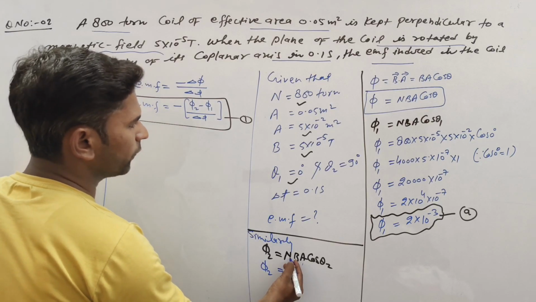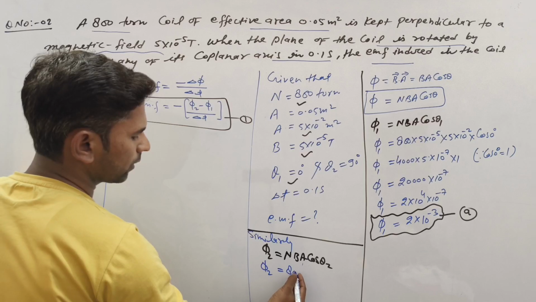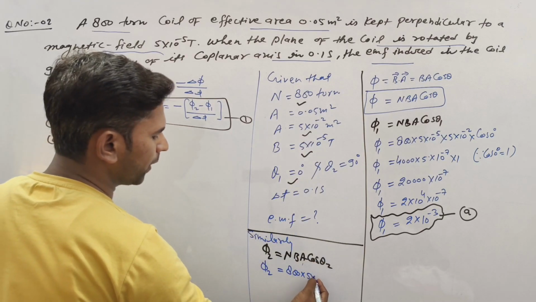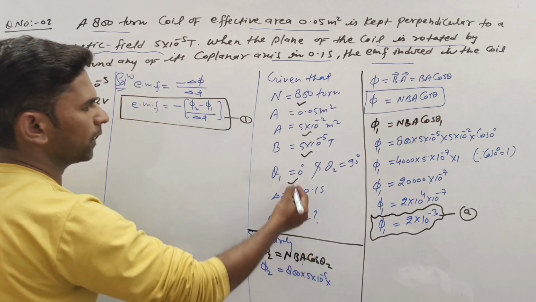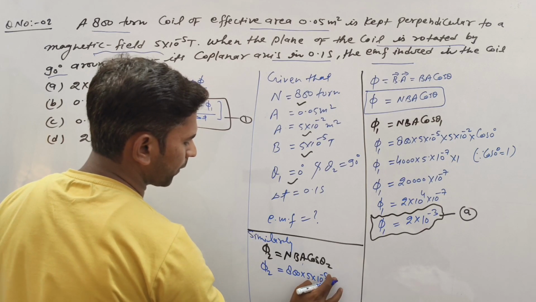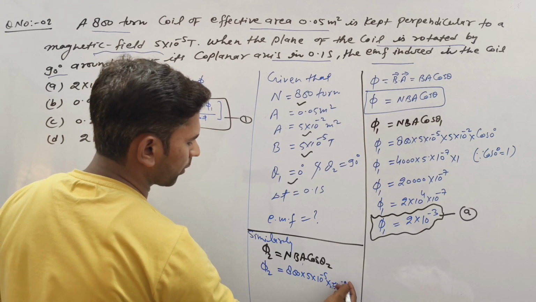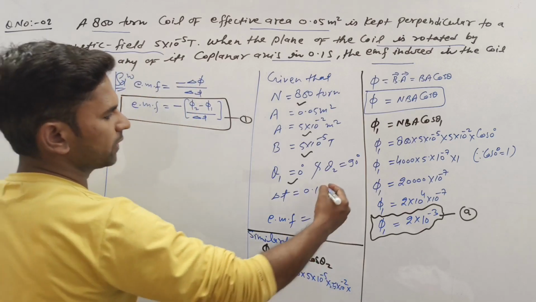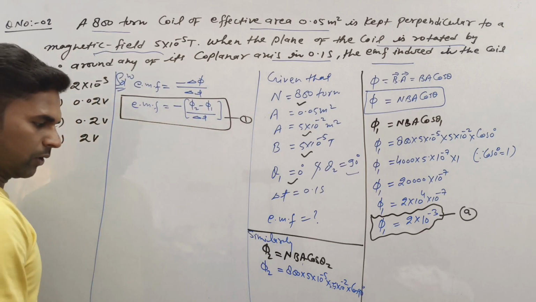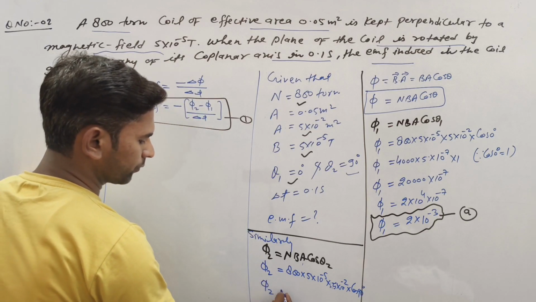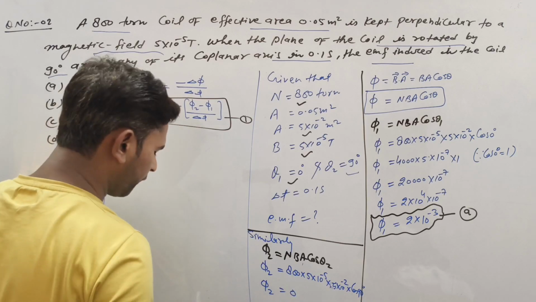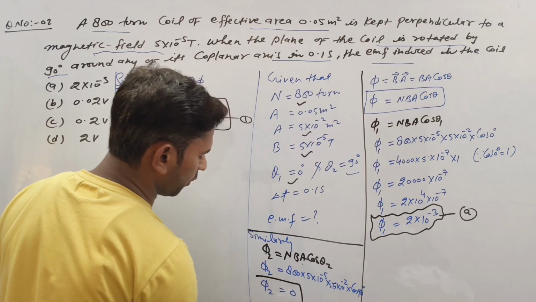Phi 2 is equal to the value of N, 800, multiplied by the value of B, 5 multiplied by 10 power minus 5, multiplied by the value of A, 5 multiplied by 10 power minus 2, and cos theta 2. Theta 2 is 90 degree. Cos 90 has the value 0. So when you multiply with 0, it will be 0. So the final magnetic flux will be 0.